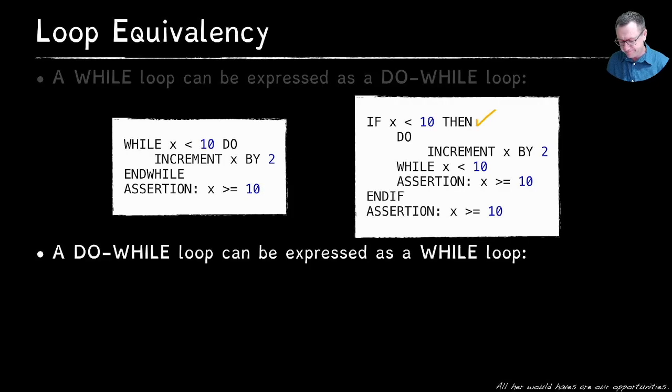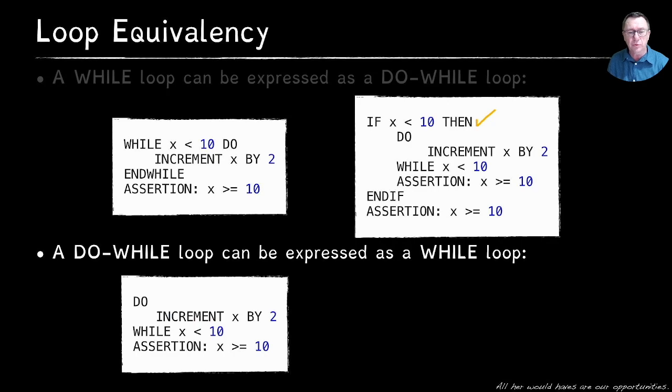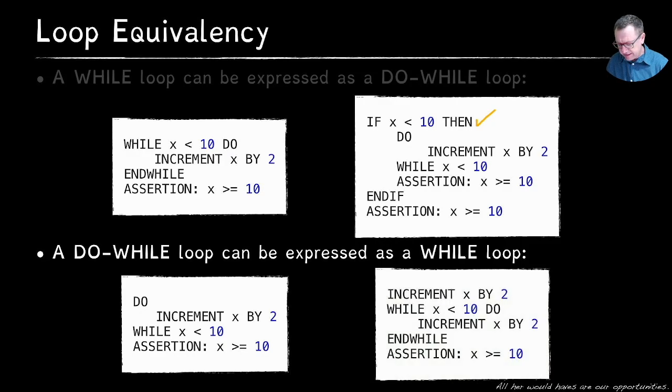And a do while loop can be expressed as a while loop. So do increment x by 2, and we go ahead, and here we have it as a while loop. Increment x by 2 while x is less than 10, and we go ahead and do it again. So there are ways to interchangeably use the do while or the while loop.